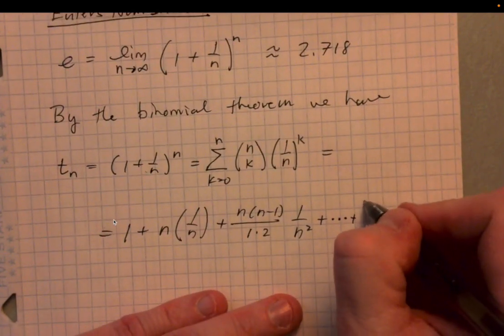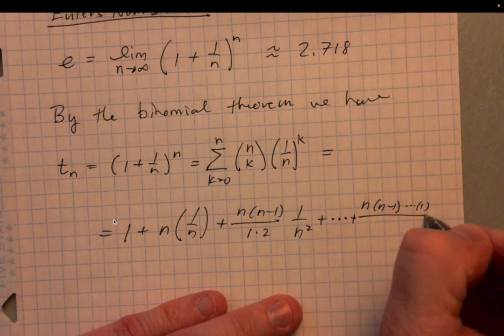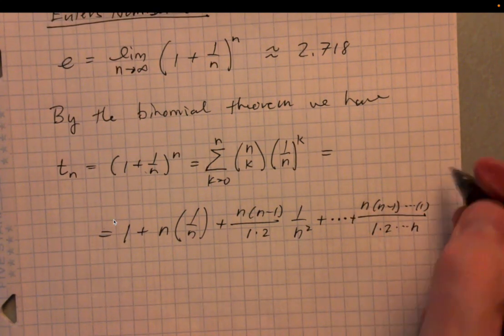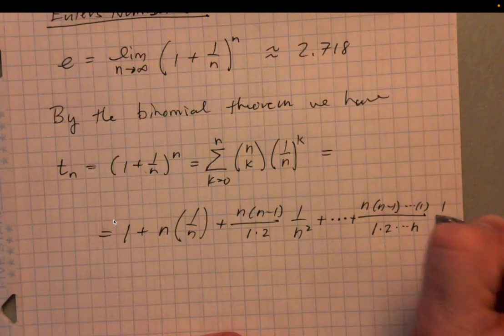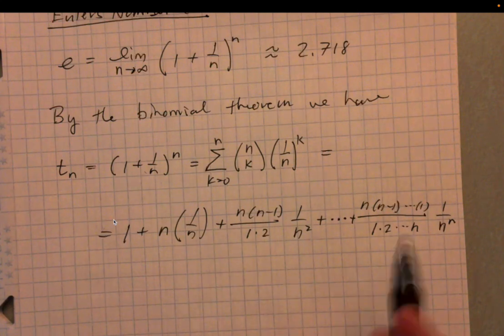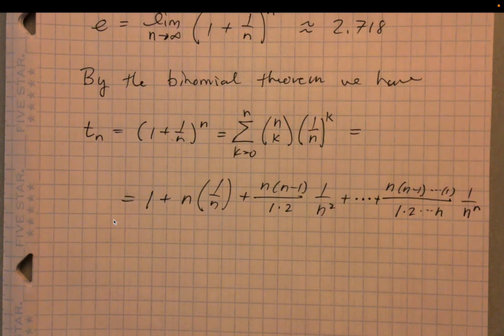And then ultimately you would get to n times n minus 1 times dot dot dot times 1 all over n factorial, which is 1 times 2 dot dot dot n, times 1 over n raised to the n power. So this would be the expansion of this guy here.